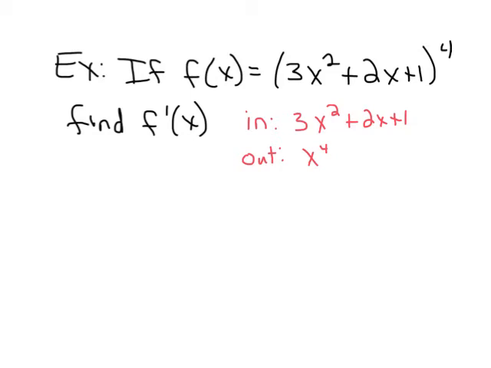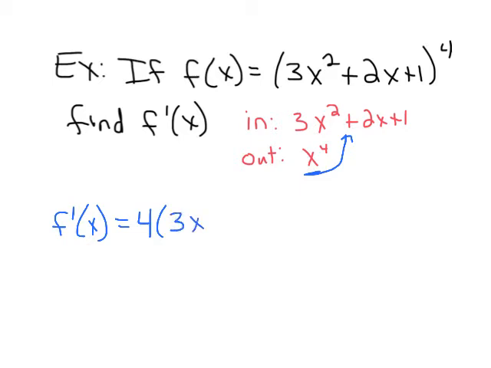So we have f prime of x, using the chain rule, is going to look like this. It's the derivative of the outside function evaluated at the inside function. So if I look at x to the 4th, I know using the power rule, it's going to be 4x cubed. But instead of the x, I'm evaluating it at the same time at the inside function.